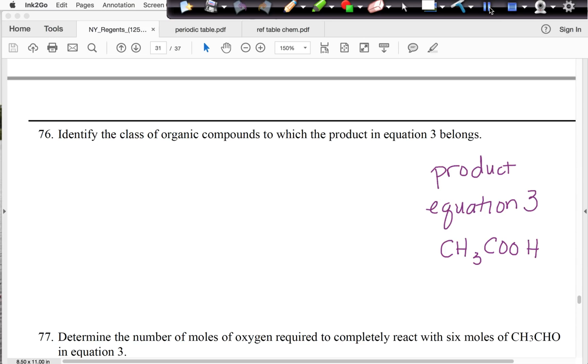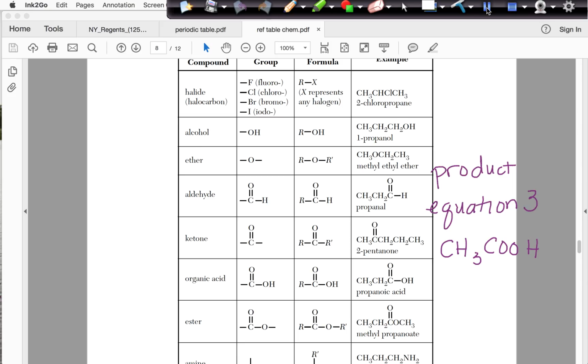In order to find out what kind of organic compound CH3COOH is, we're going to need to look at table R. And on table R, we can see that the functional group COOH is an organic acid. So we would say that the product in equation 3 is an organic acid.